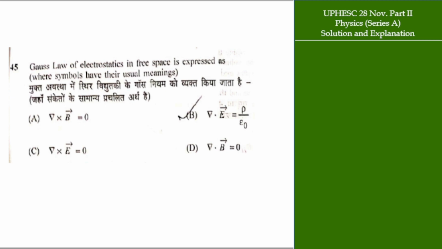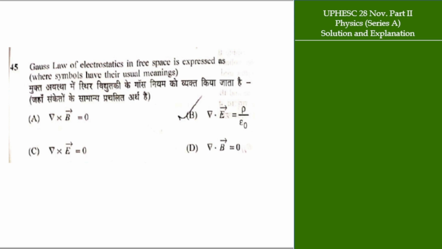So A and C are not the correct options. Now Gauss law represents the divergence of a field, and they are asking about electrostatics. So you will have the divergence of the electric field, not the magnetic field. So option D is incorrect.